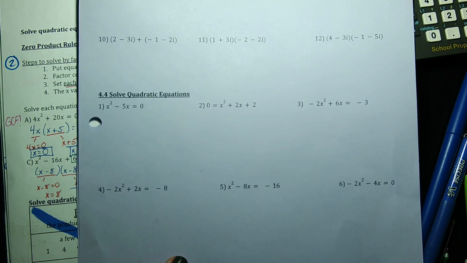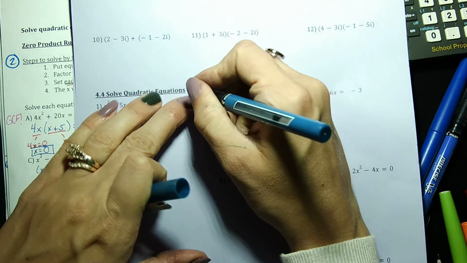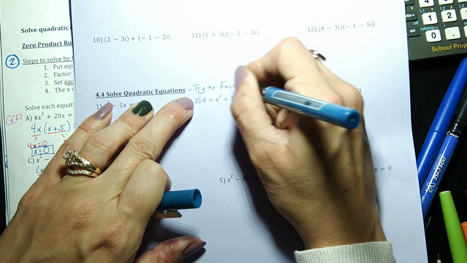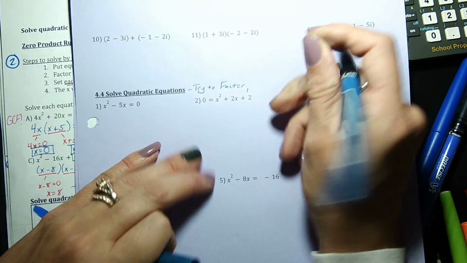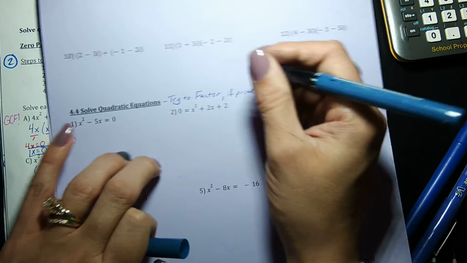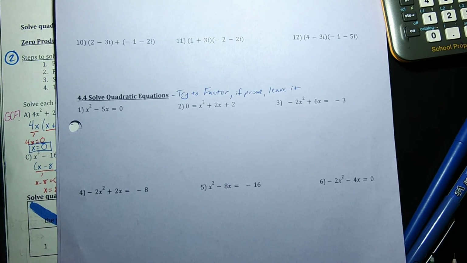If you want to start working on these problems, the solve quadratic equations, you can try to factor. And if you can, solve it. If prime, leave it. So try to factor those, but if it's prime, leave it.